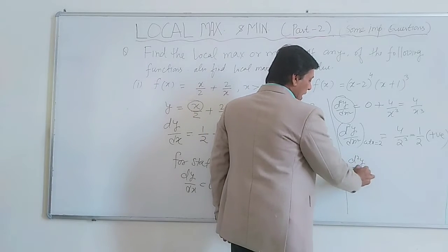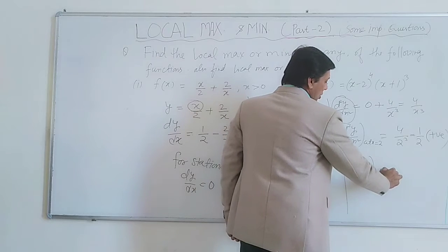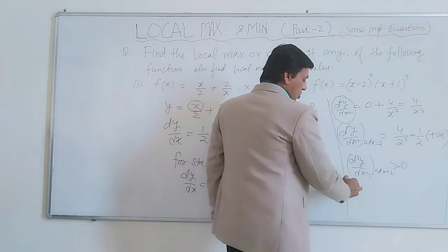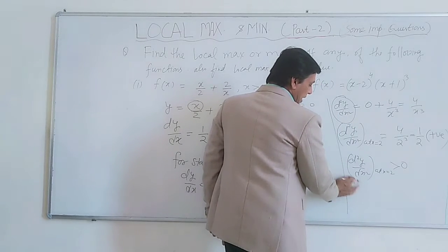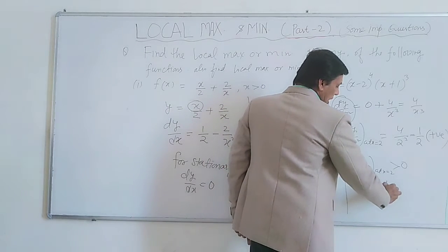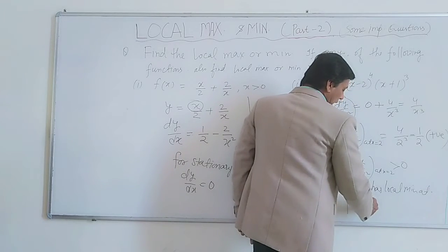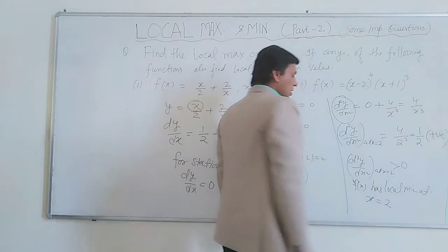So d2y by dx2 at x equal to 2 is positive. So the function f(x) has a local minimum at x equal to 2.